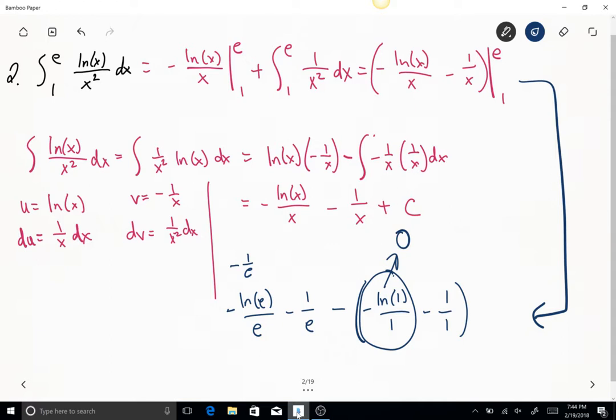And then notice you have a minus and a minus. So if you combine these two terms, you'll get negative 2 over e, and then minus and minus makes plus 1. Or another way for us to have written this is equal to 1 minus 2 over e. Okay, and that would be a good final answer. Even before that would have been a fine final answer.